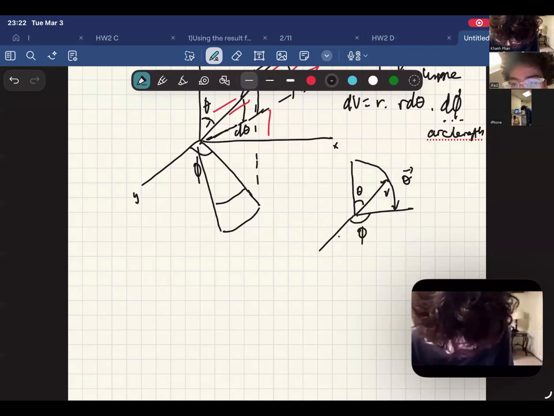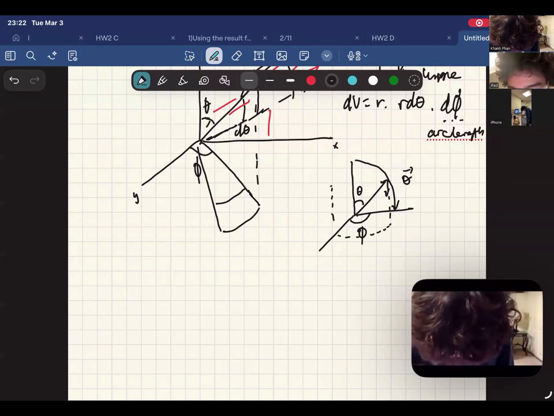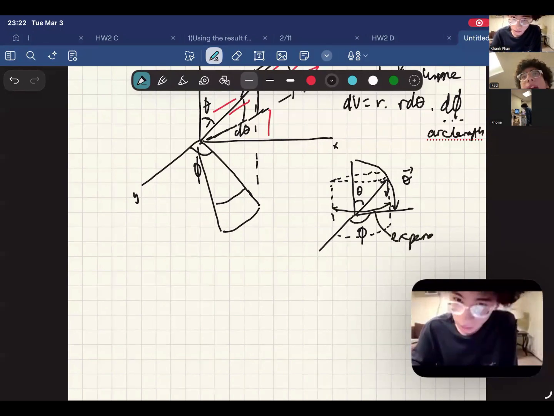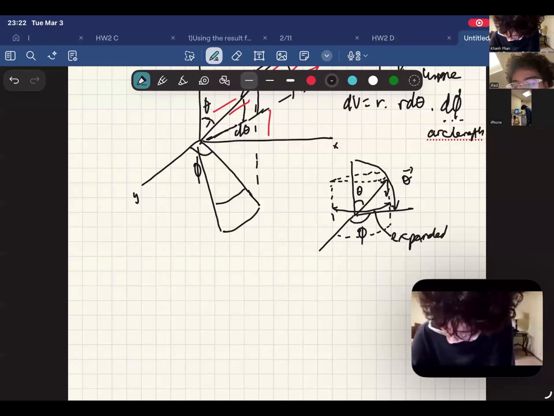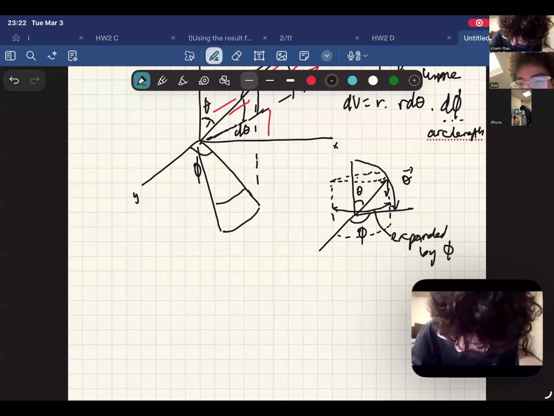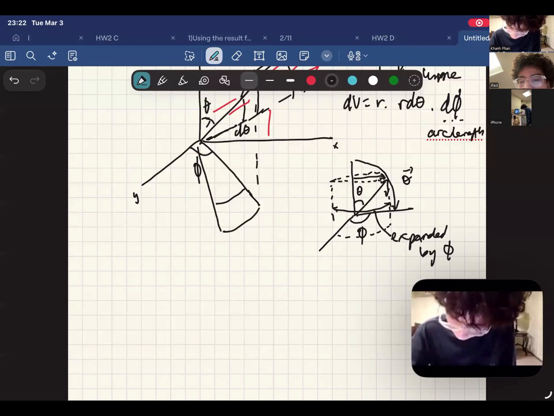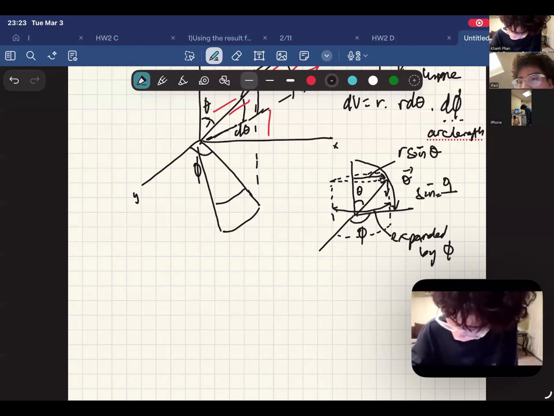So we would have a shape like this. This curve over here is expanded by phi. So the radius of phi would be this, and you see that it's r times sine theta, because sine theta is equal to the opposite over the radius, which is the hypotenuse.